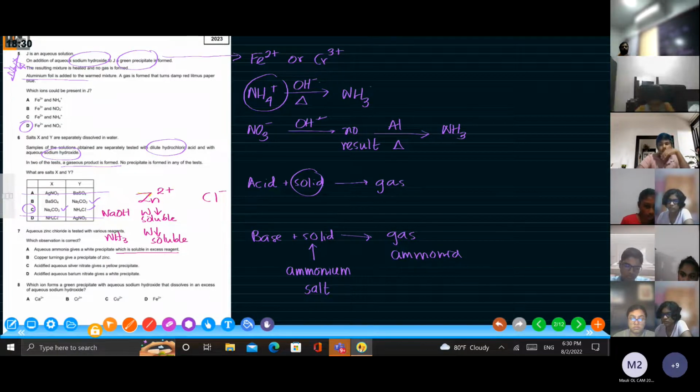That's the one which is soluble in both cases. Easiest to remember. So straight away the answer is A. There is no doubt. And barium nitrate is out. There is no point. So somebody will think silver nitrate is correct because chloride ions are going to precipitate as silver chloride. But silver chloride is white, not yellow.